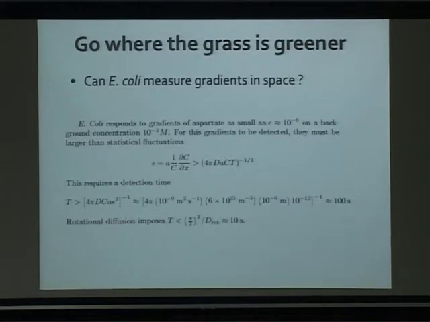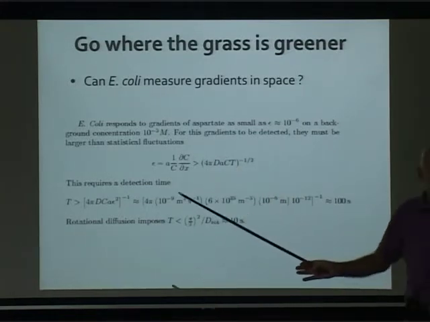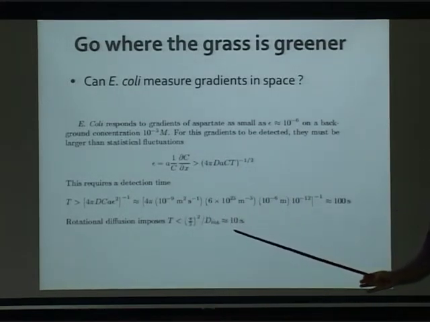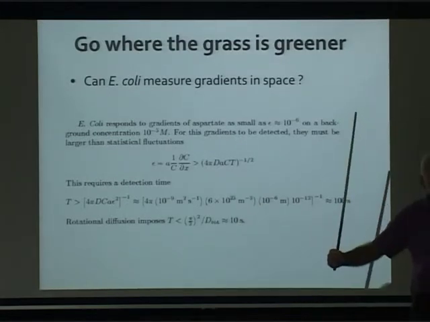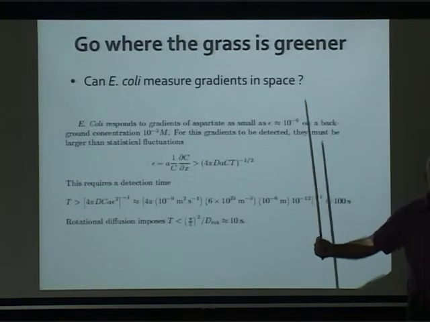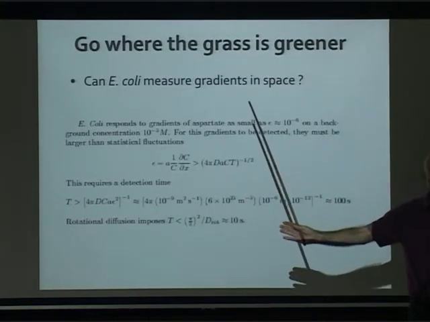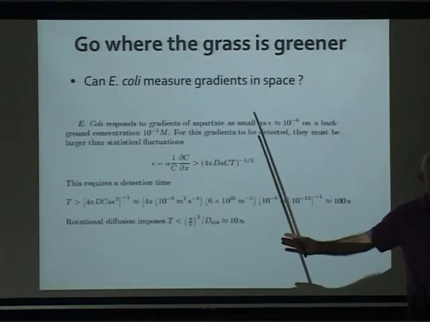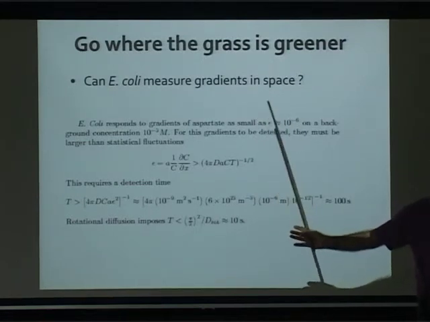It must be said that this is true for E. coli, but other bacteria, larger ones, may measure differences in space. There are marine vibrios, which live in seawater, which are longer, and they actually measure concentration differences across their span, which is roughly 5 to 10 microns.